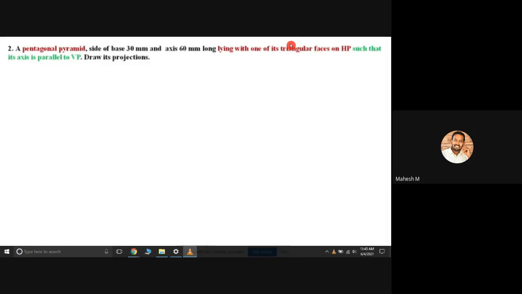Now please be very cautious on pentagonal and hexagonal pyramid. If you are creating a hexagonal pyramid, both these sides are the same sides. In hexagon, if the left side is a slant edge, the right side is also a slant edge. If the left side is a triangular face, the right side is also a triangular face. But in pentagon it is totally different. The 2 opposite sides are not the same sides, they will have opposite conditions. If one side is a slant edge, the other side will be a triangular face. So draw the pentagon properly.